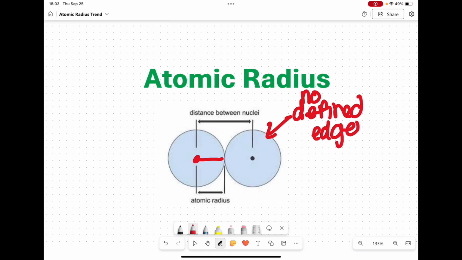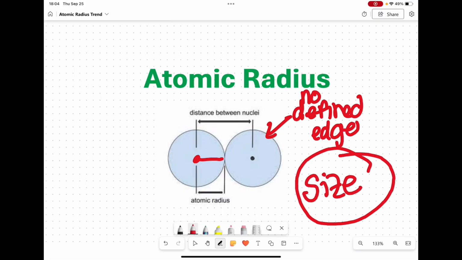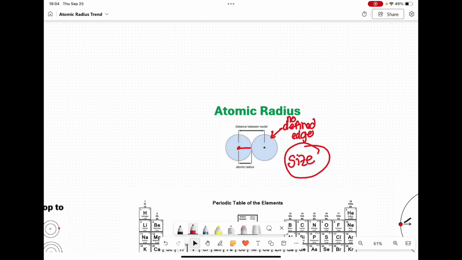And so by bonding them together, if we can measure the distance between their centers and divide by 2, we can assume that point would be where it ends. Basically, this is just a fancy way to say that we're comparing the size of the atoms.